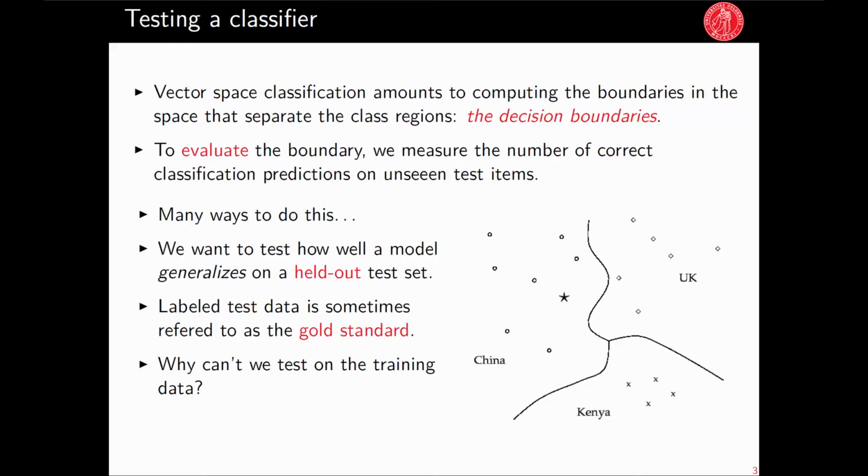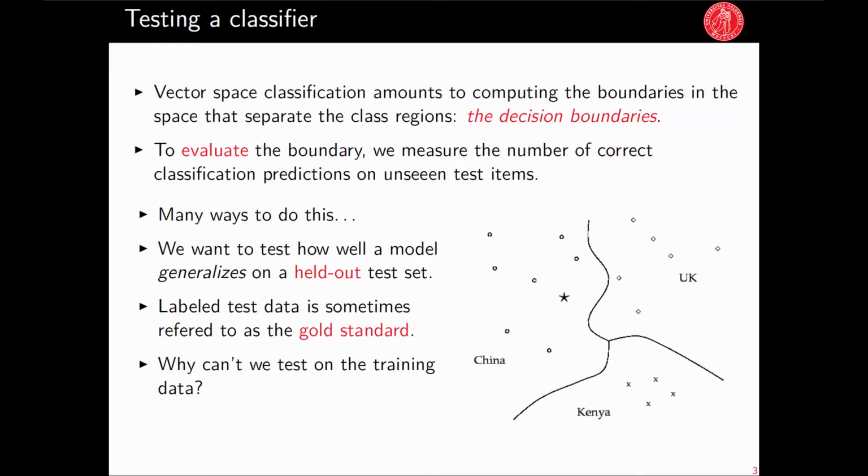But now we'd like to apply the classifier that we've trained and see how well it does. So for that we need what is usually referred to as a held out test set. And the reason we sort of emphasize held out is that it's an important methodological point that we keep our model tuning and model training separate from the final testing of the classifier in order to get a representative measure of how well the classifier performs.